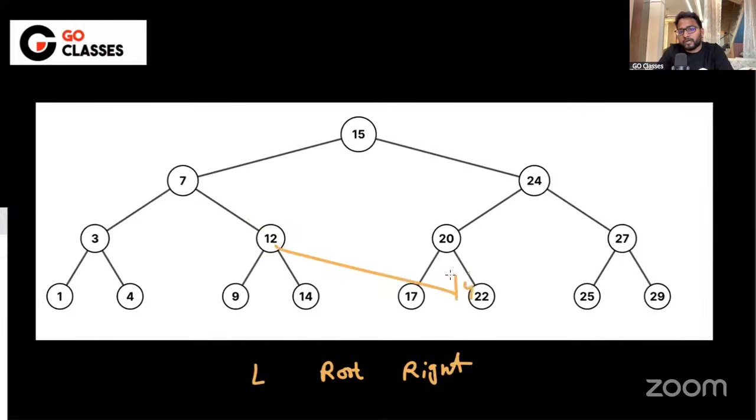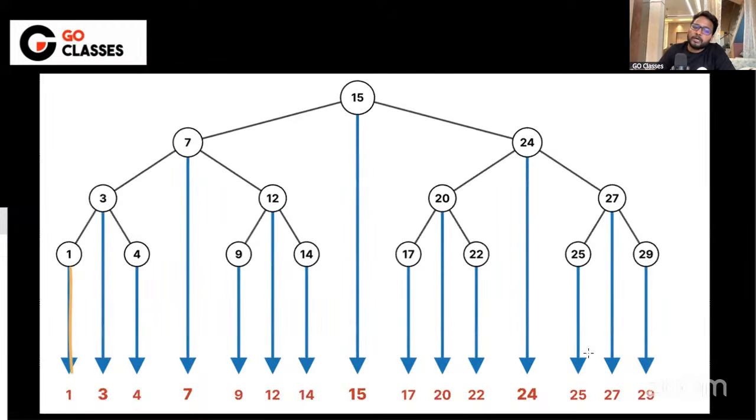Project means that you will make sure that everything on the left of 15 should be on the left. So basically this is a very nice trick to find out the in-order of any tree, that you can just project.